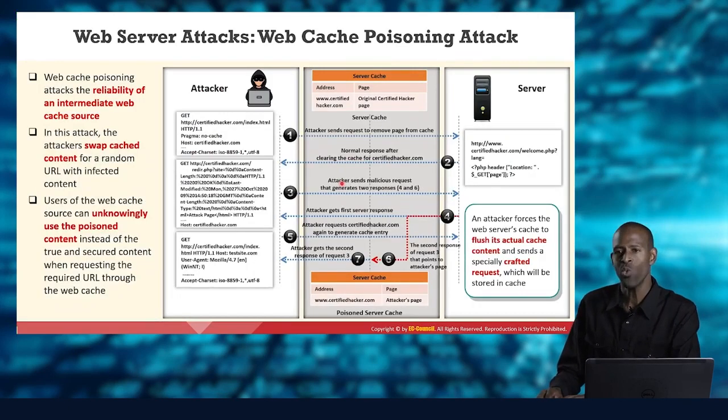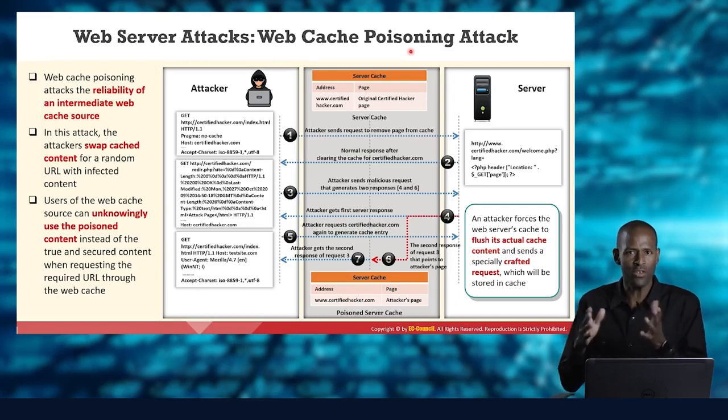Another one is web cache poisoning. Whenever you hear the term poisoning, that means we are taking legitimate entries into some type of cache and changing them. So where do we have caching? We have ARP caches, where ARP entries are cached, and you can use arp -a to look at them.